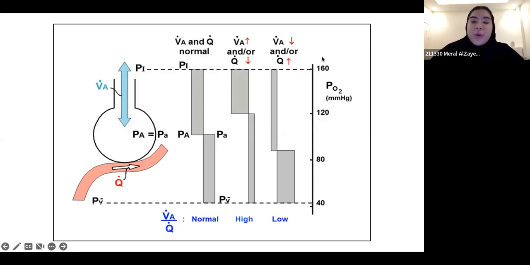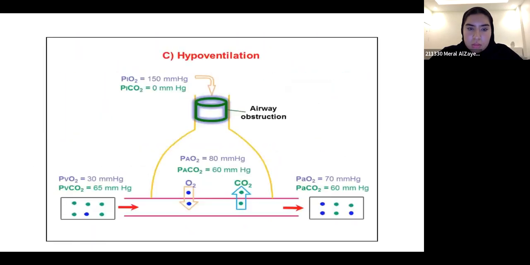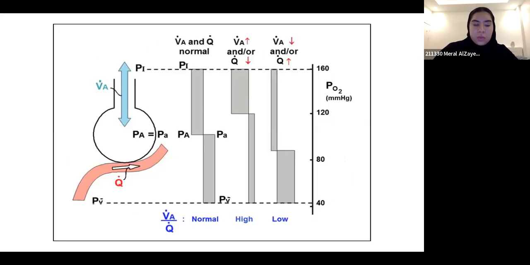Okay, so if you look on this side, this is normal. And the normal we discussed earlier in slide 11. I think this is slide 11. Okay, the normal VQ ratio is 1.